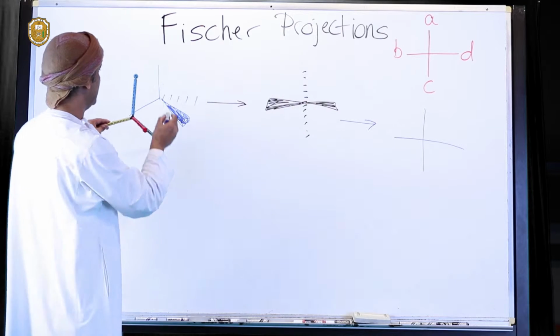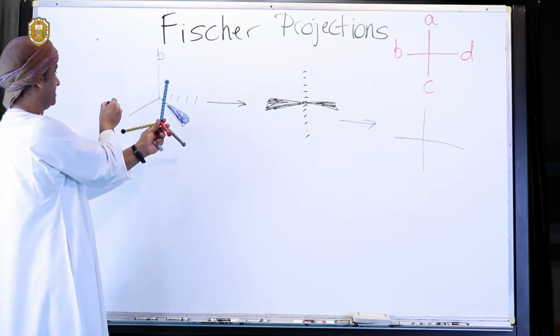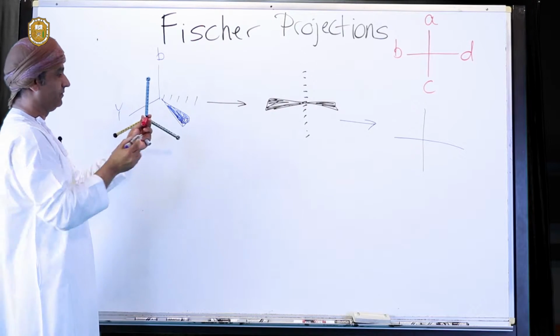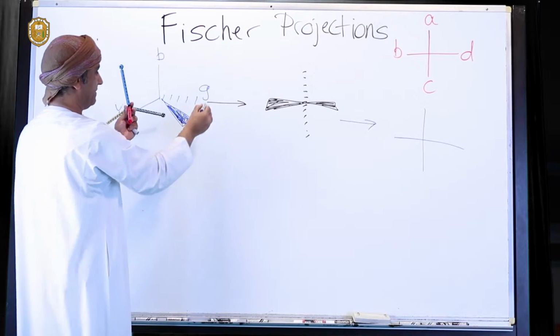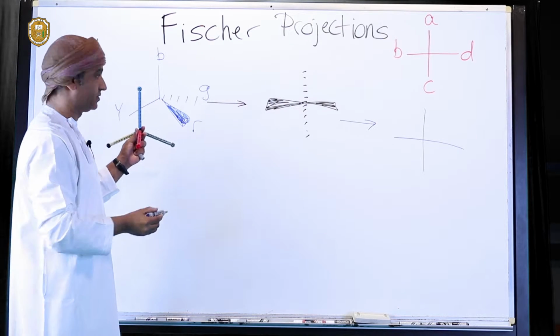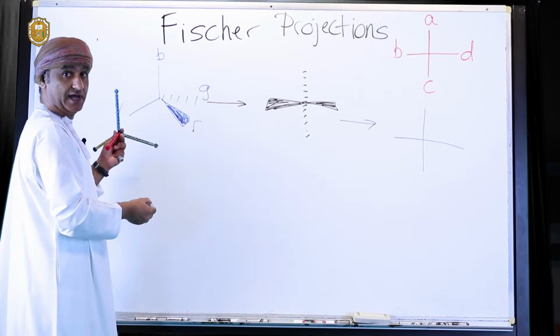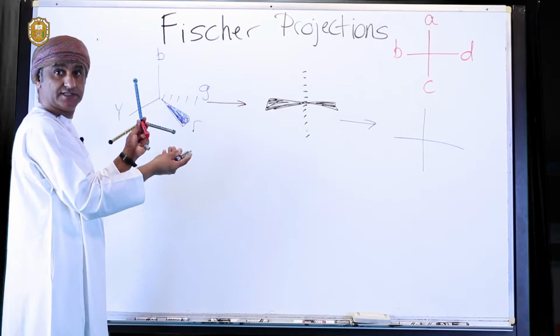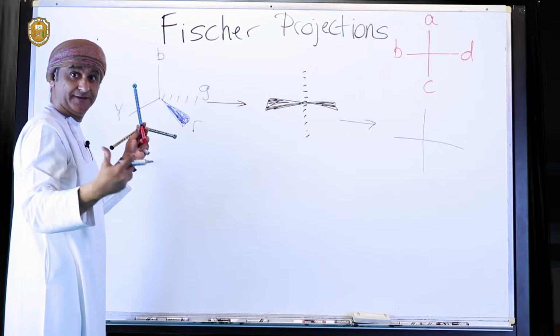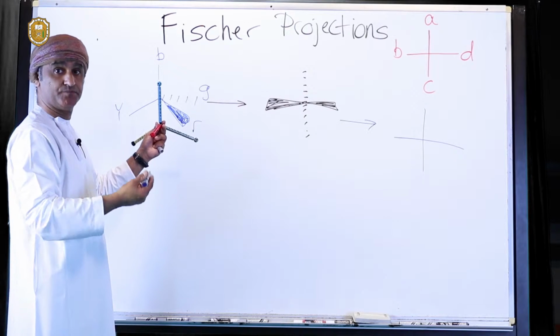When we flatten it on the whiteboard, we get only solid lines. So this is blue, that's blue. This is yellow, so that's yellow. This is green at the back, and this is red at the front. Remember, these two bonds are on the plane, and these two bonds are outside the plane. Red is outside the plane to the front, and green is outside the plane to the rear.